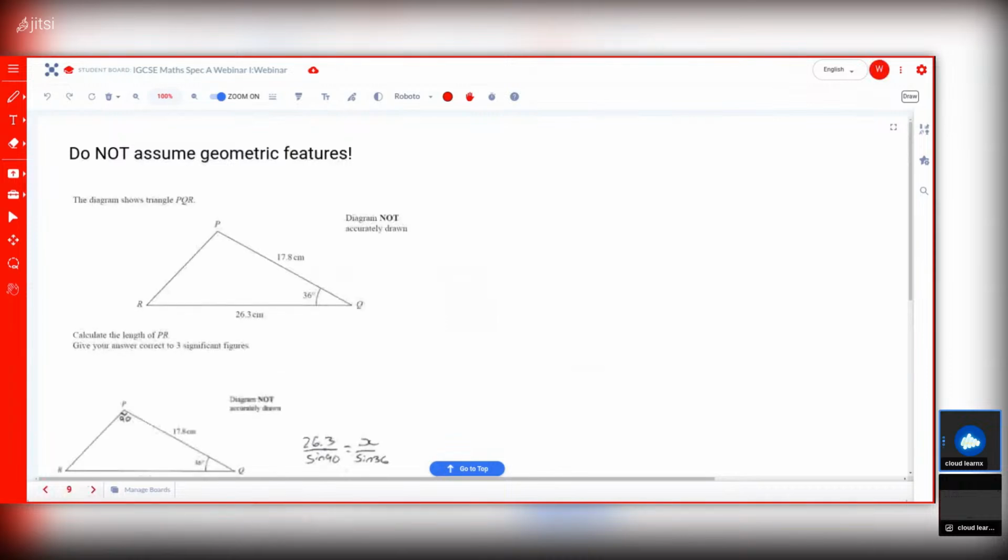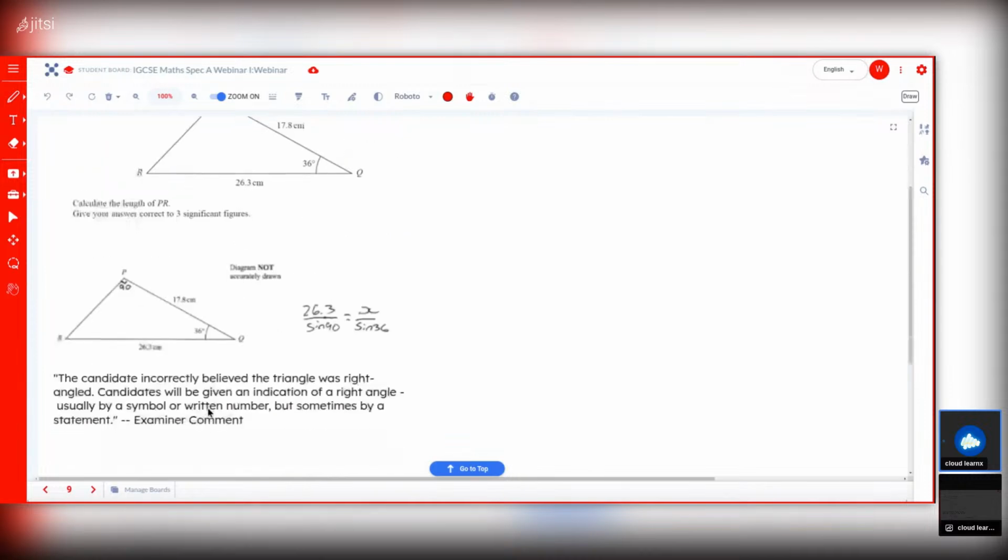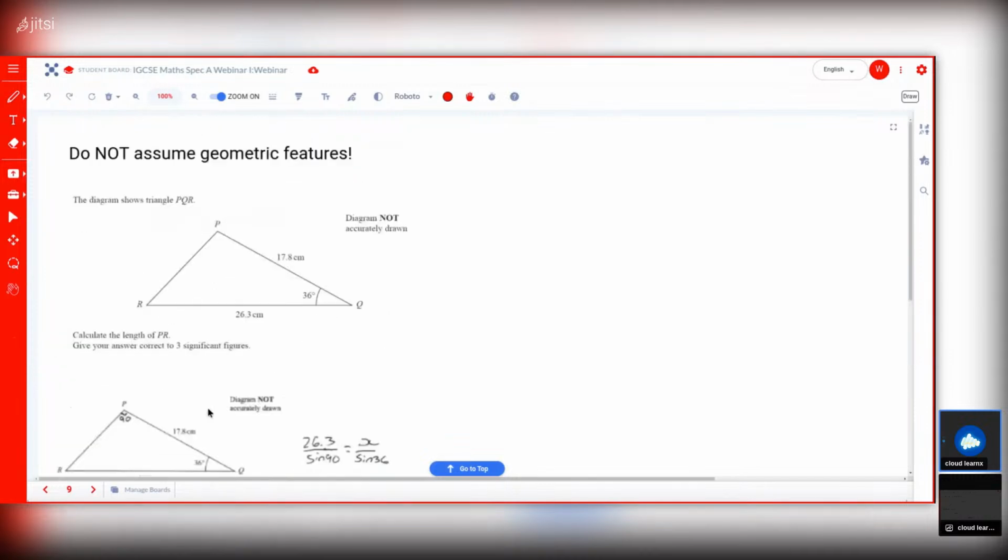Page 9. Okay, one of the biggest things that I see with a lot of students, geometry in itself, I would say it's not easy, right? A lot of higher tier questions are based on geometry, and they're rather challenging. And I would also say it's one of the easier ones to solve, right?